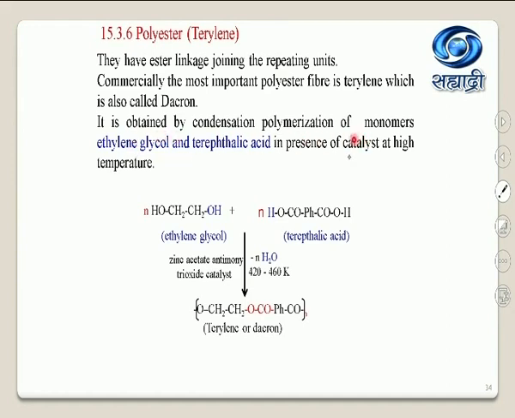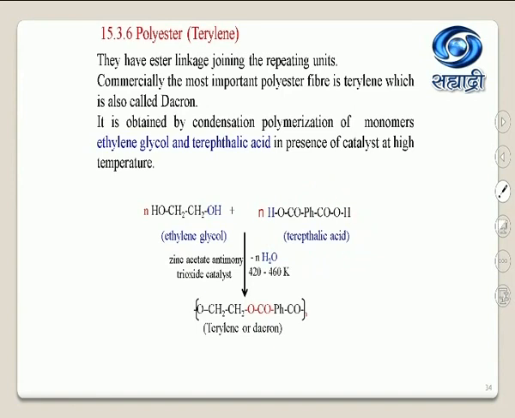polymerization of monomers, ethylene glycol and terephthalic acid in presence of catalyst at high temperature. That means ethylene glycol and terephthalic acid are the monomers of terylene.